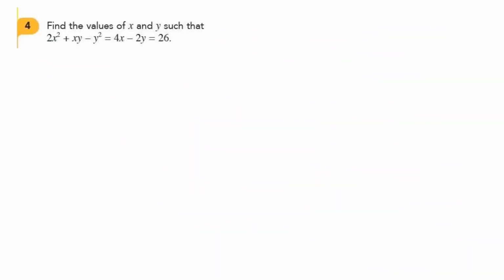Alright, let's look at this question. So it's rather interesting because you're not given two separate equations, right? You're actually just given one whole string of stuff like that. But we can actually break it up into two separate equations, right? You can break this up in this way.